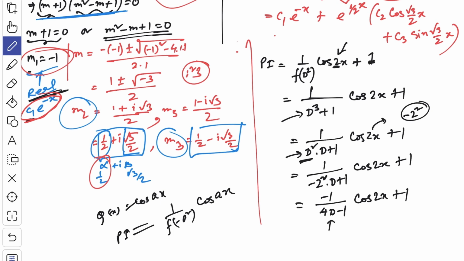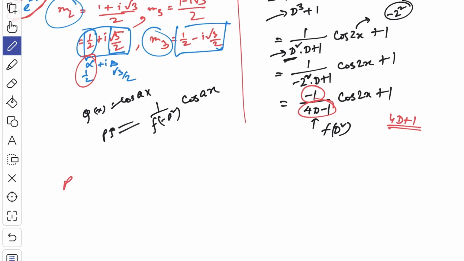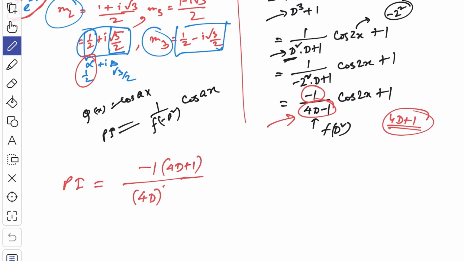So here it is now d. In order to get f of d square again, we are going to multiply both the numerator and denominator by 4d plus 1. Then our PI will be equal to minus 1 by, if you multiply here 4d plus 1 with the numerator and denominator, then as a denominator you will get 4d whole square minus 1 square.